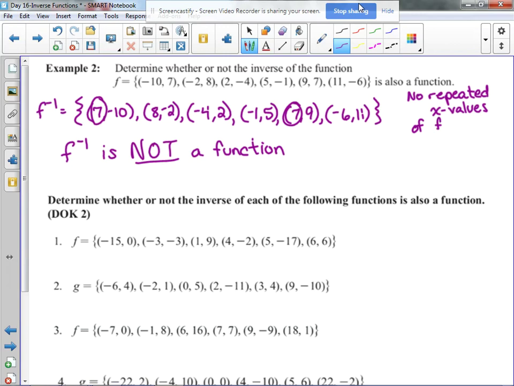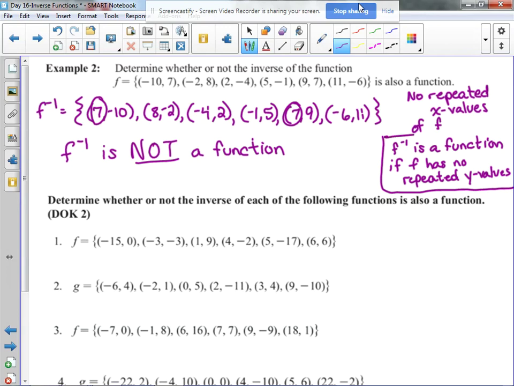If we're wanting to know if f inverse is a function, f inverse is a function if f has no repeated y values.